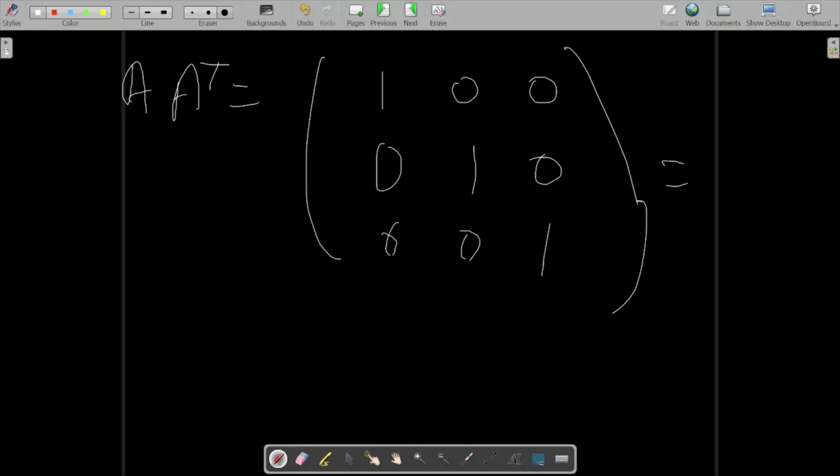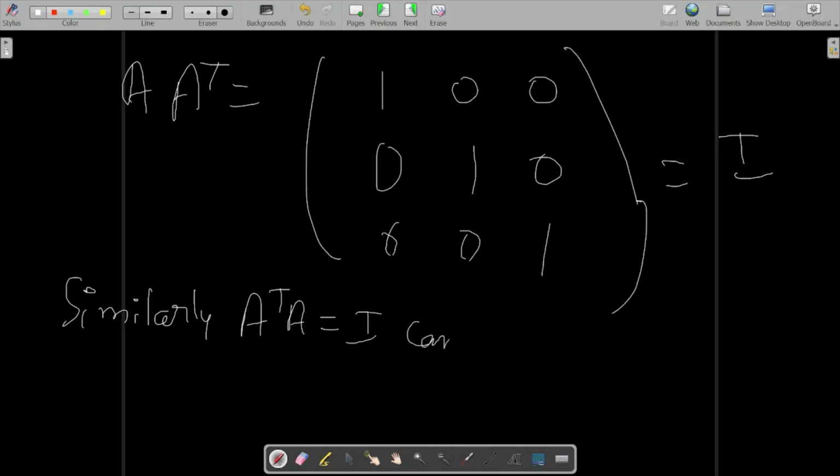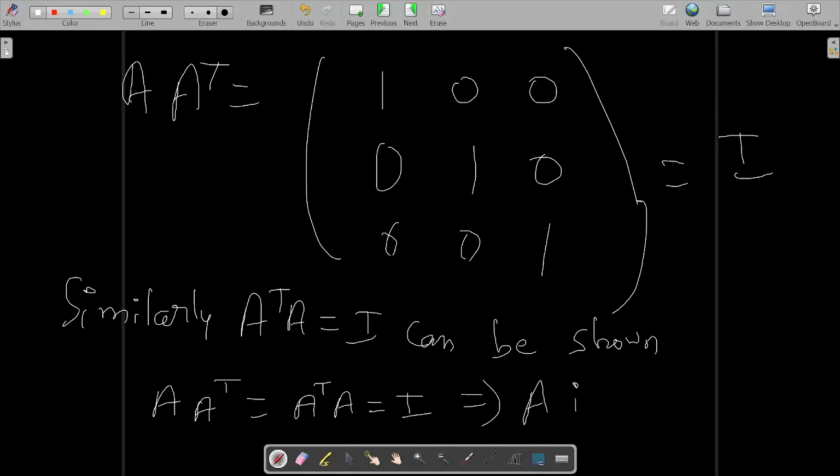This is the identity matrix. Similarly, in the examination you have to prove this also, by the way: A transpose A is equal to I can be shown. So clearly A transpose A comes out to be equal to I. By the definition of orthogonal matrix, that implies that A is an orthogonal matrix.